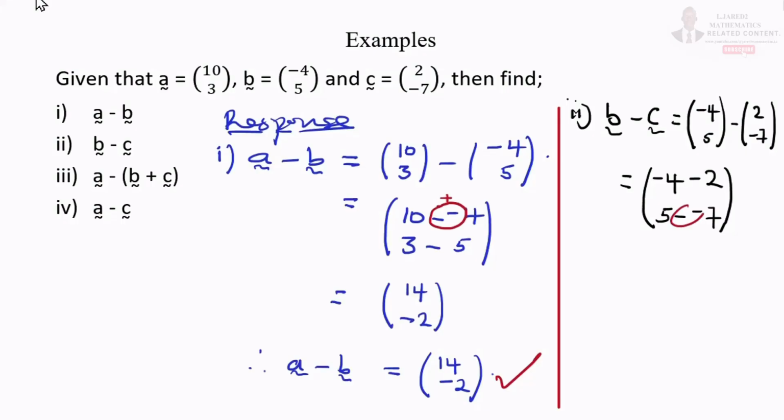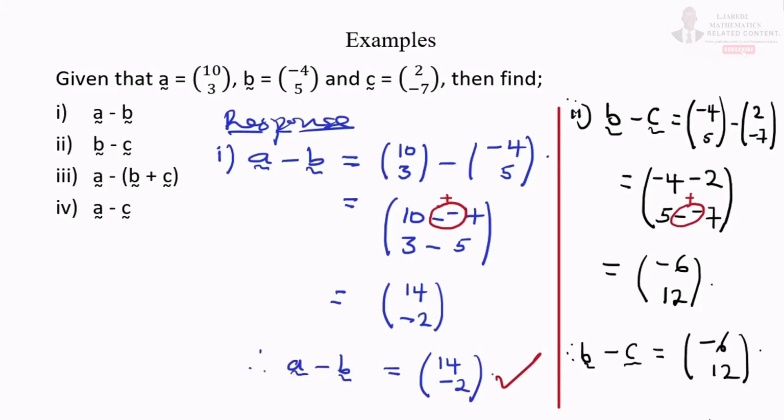As we said, this minus and minus becomes a plus. So the next step we have negative 6, that's for negative 4 minus 2. Then 5 plus 7 to have 12, implying that vector B minus vector C equals negative 6, 12. This becomes our right answer for that case.